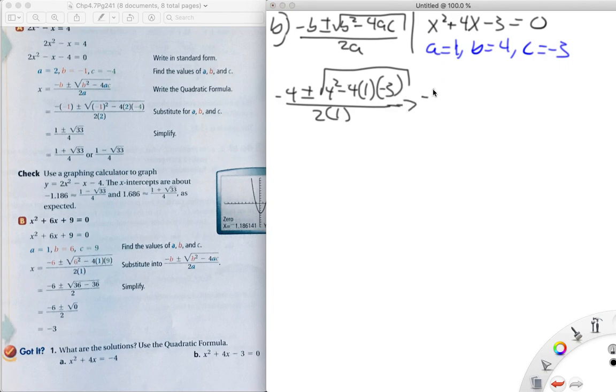And that gives me negative 4 plus or minus the square root of 16 plus 12, over 2, which is negative 4 plus or minus the square root of, 16 plus 12 is 28, over 2.